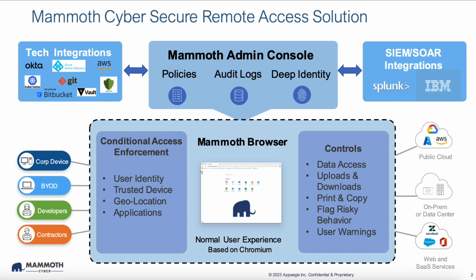So we are able to control the browser and limit access to specific applications, but we can also help customers govern data access across the board for web-based applications and others like SSH and RDP. That has become a very strong talking point for us: the fact that we can control uploads, downloads, risky behavior, print, copy, and so on.